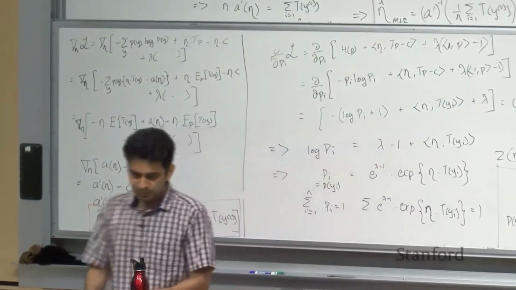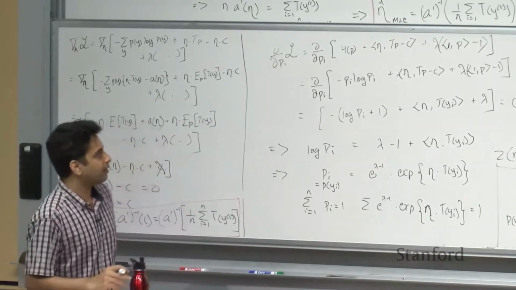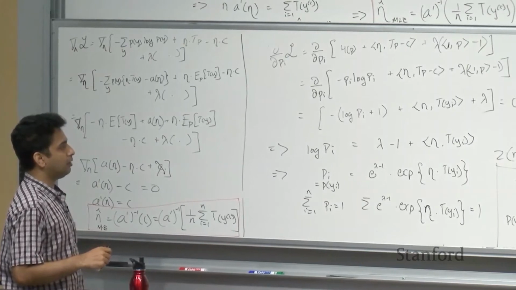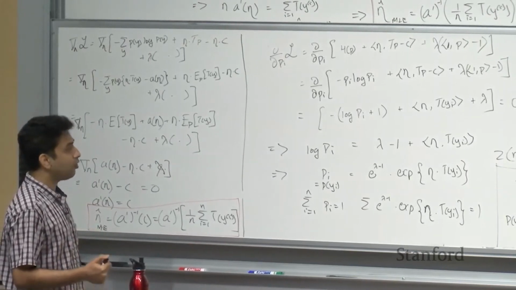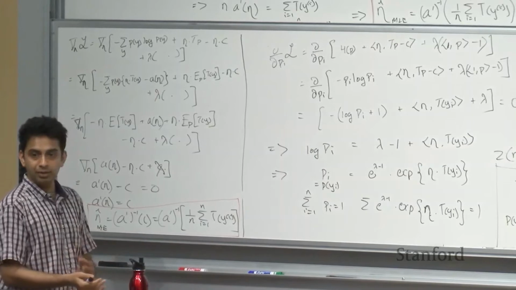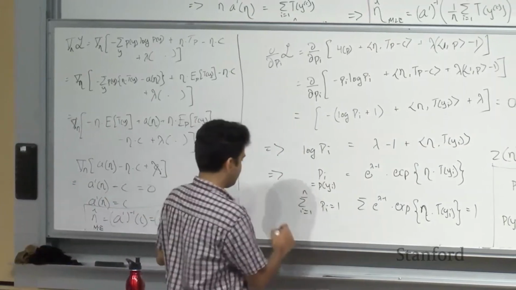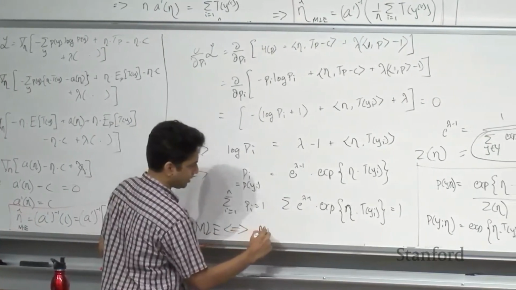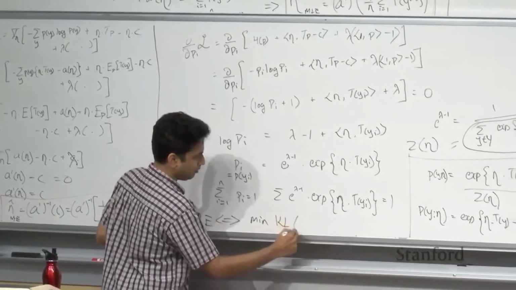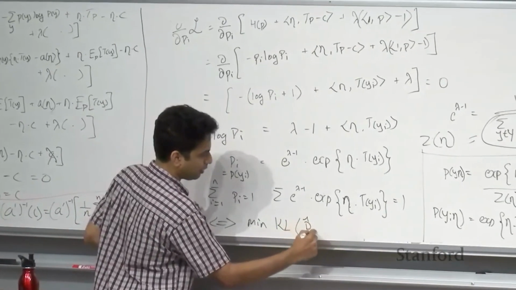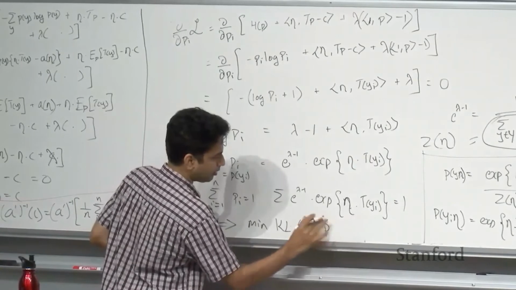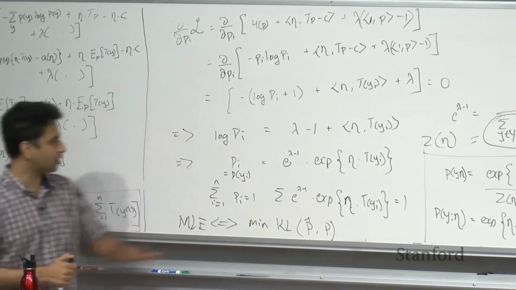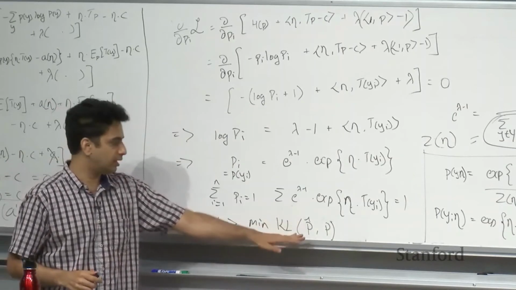All right. So we've seen that maximizing entropy is the same as maximizing likelihood. And in your homework, you've also seen that maximizing likelihood, MLE, is also the same as minimizing the KL divergence between the sample data and the model. This is in your homework, question 2 or 3, the last subpart.